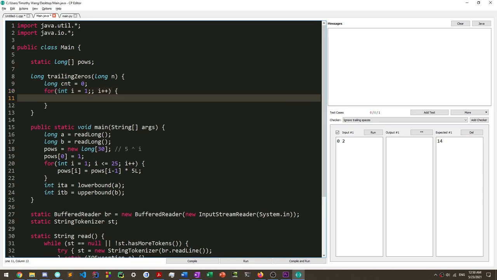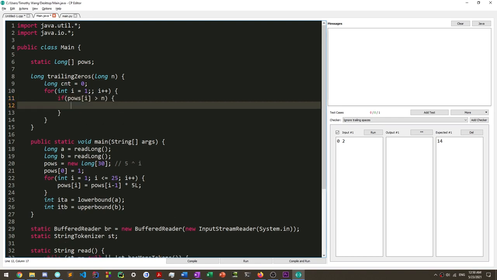So what we can say is if pos i is greater than n, right, then we can just stop there. We can stop there because if we keep dividing by a larger number, so if pos i is greater than n, then our result will just become 0, right? And so we can stop there because we know that we no longer need to divide it.